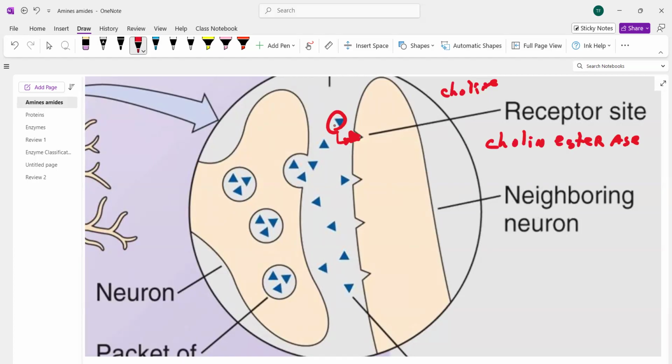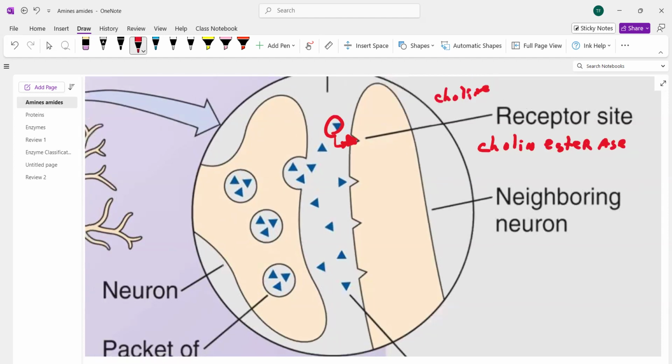And then it's able to fire again. However, if we inhibit this enzyme, like in a pesticide, that enzyme cannot work, hence the receptor is shut down, hence the nerve doesn't fire. Boom. So if this happens to be in your lungs or your heart, well, guess what? Have a nice day.